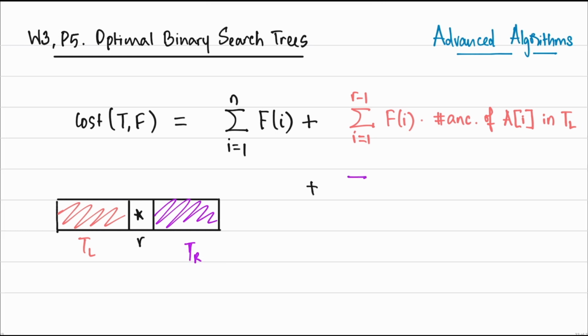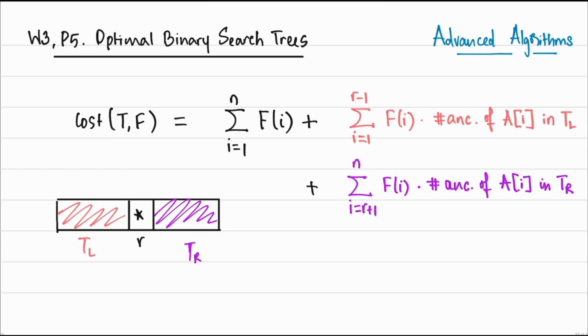And similarly, we can also look at the right hand side of the array, which ranges from R plus 1 to N. And here I have the frequencies multiplied by the cost of access, but this time in TR. So that's the total cost.